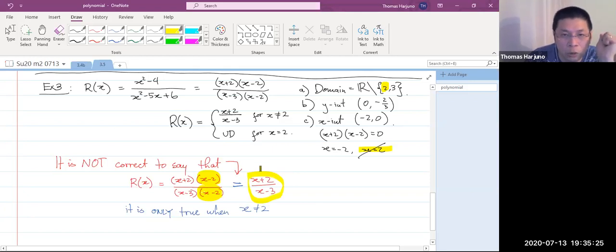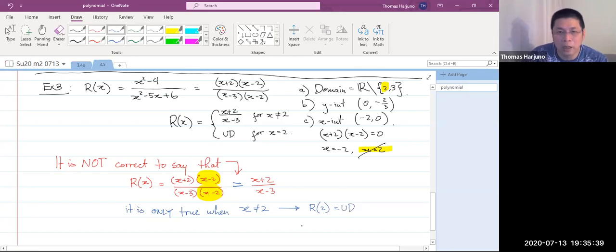But it is not true when x equals 2. Okay, when x equals 2, what happened? You see, R(2) is undefined. But x plus 2 over x minus 3, when I replace x by 2, gives 4 over 2 minus 3, that's negative 4. Okay, they are not the same.